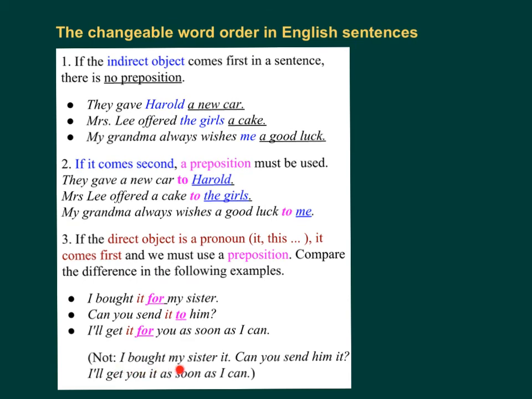Not I brought my sister it. Can you send it to him? Not can you send him it? I'll get it for you as soon as I can, but not I'll get you it as soon as I can.